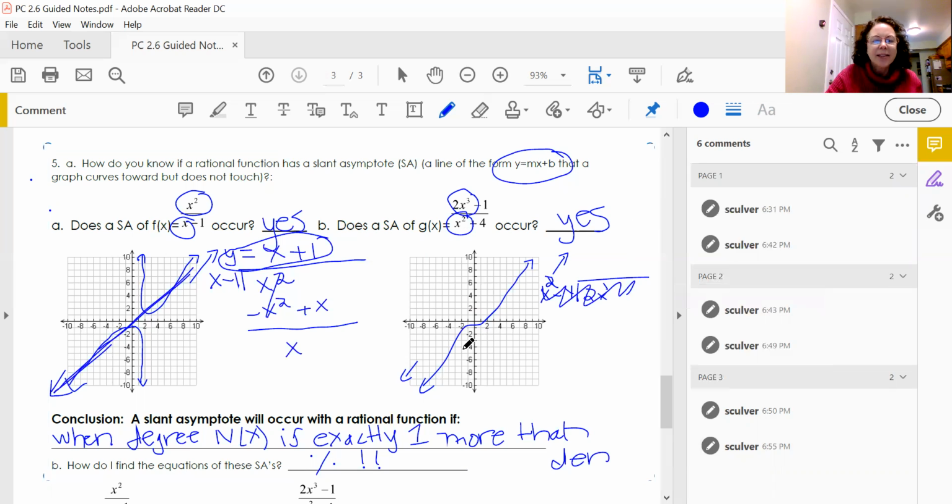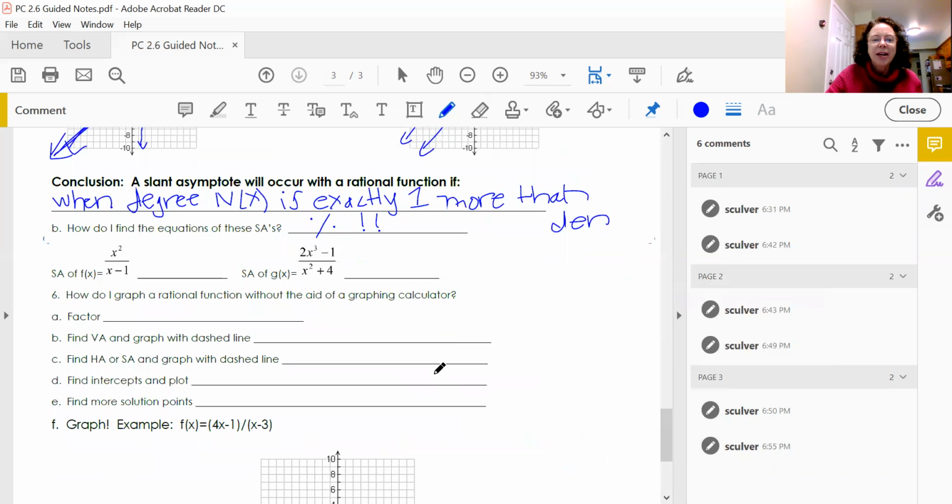I have some room down here. So that was x squared minus 4, and 2x cubed minus 1. And again, our slant asymptote will be the quotient.